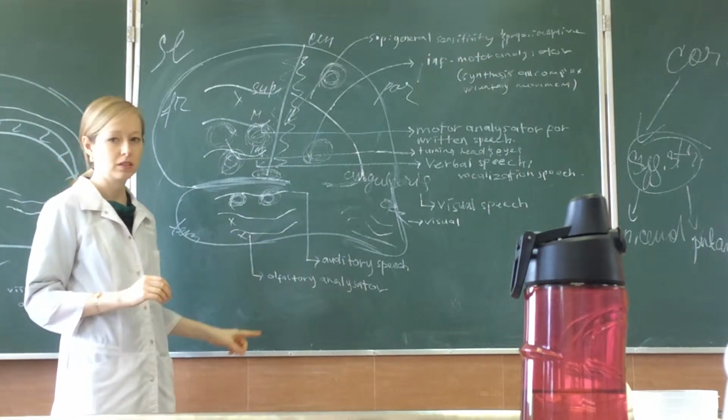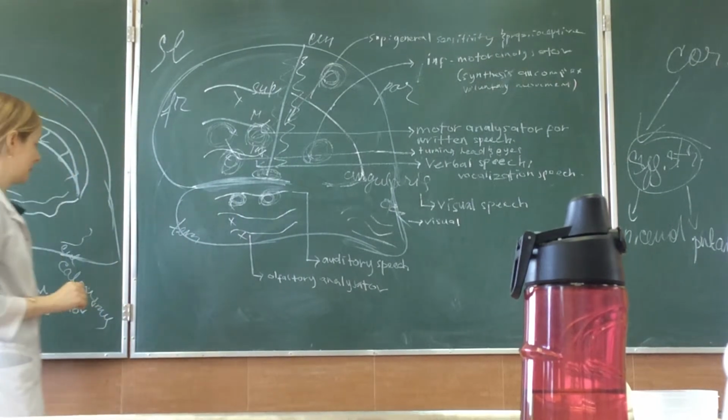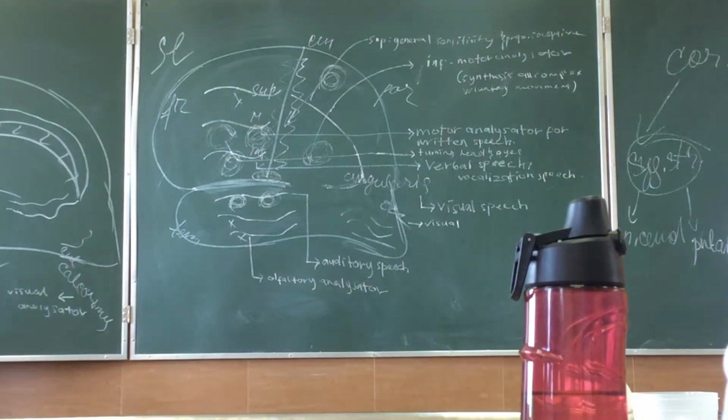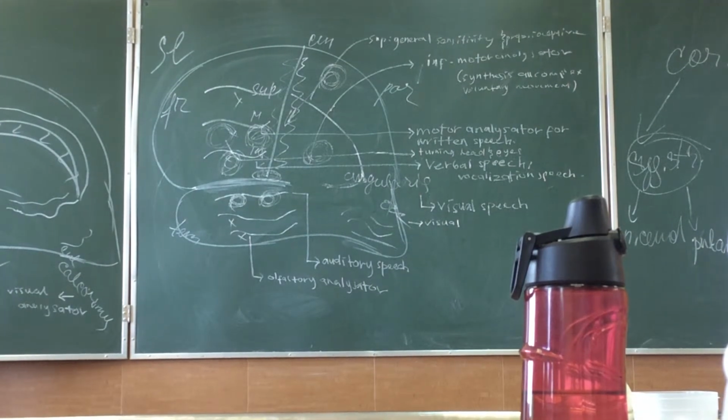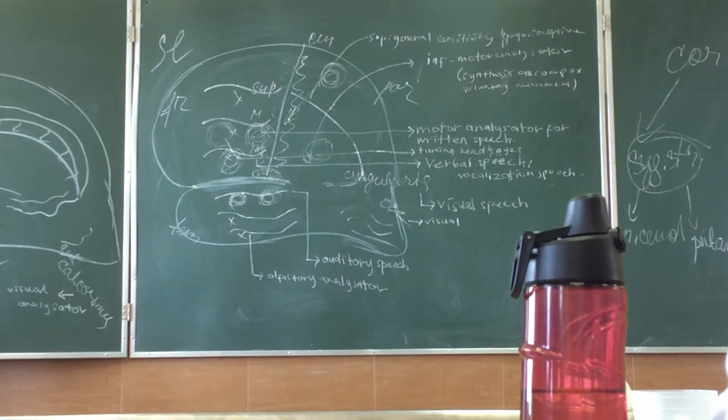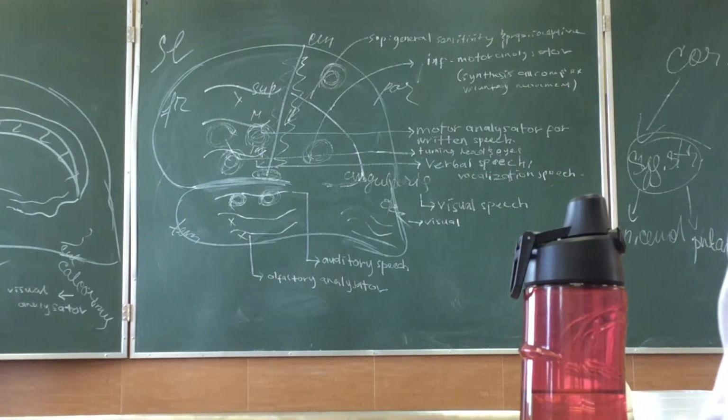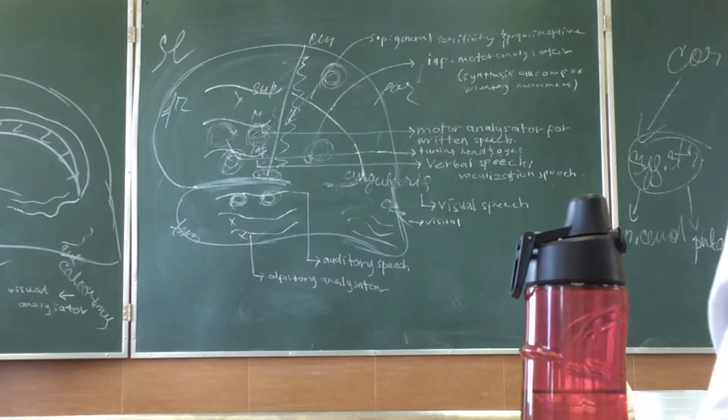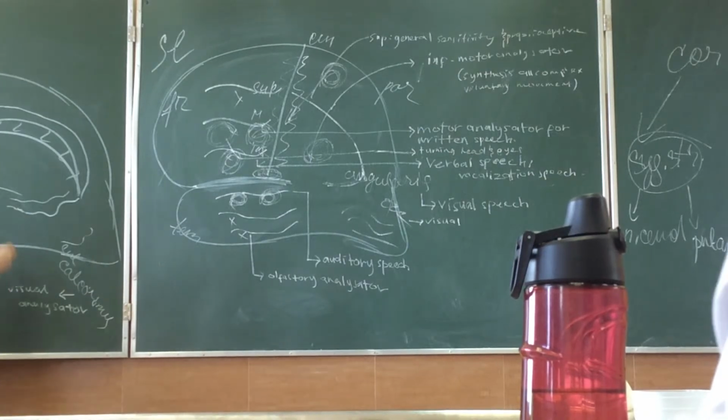Olfactory. Are you sure? Olfactory for smelling and for taste. Situated, you're right, in the temporal lobe, but in the structures which we call gyrus dentatus, gyrus parahippocampalis and uncus.